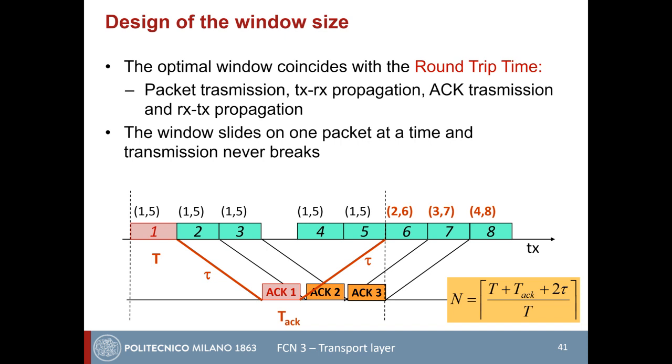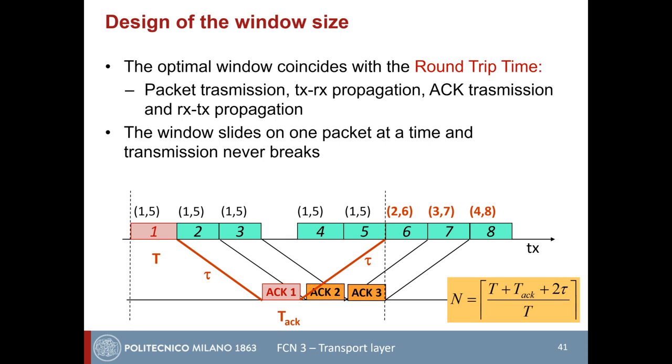If you make the window smaller, then even when you don't have errors, the transmitter will stop. Because the first ARQ can come not earlier than t plus t_ARQ plus twice tau. Okay.